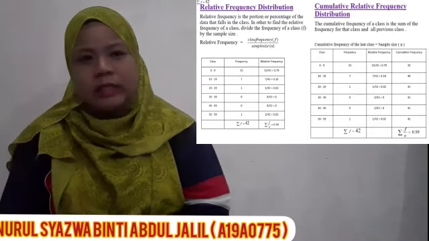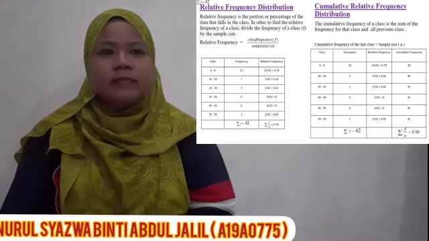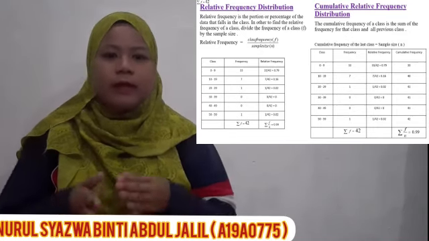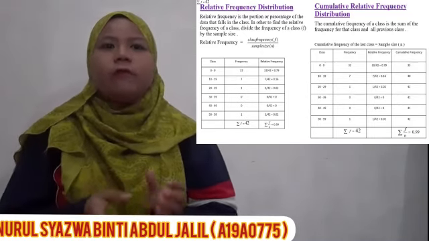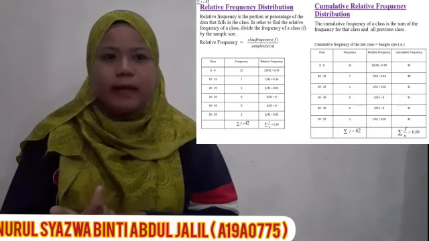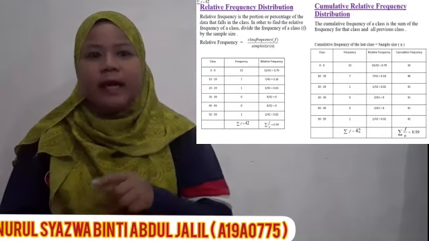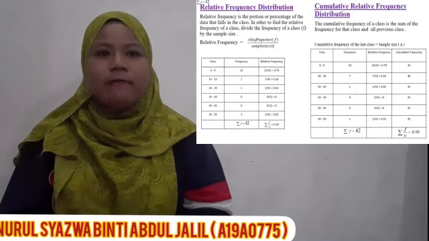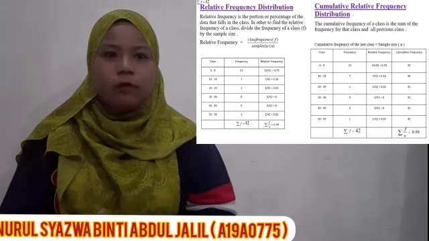Next, we move to cumulative relative frequency distribution. The cumulative frequency of a class is the sum of the frequency for the class and all previous classes. This is the table of cumulative relative frequency. For the class 0 until 9, frequency 33, relative frequency 0.79, cumulative frequency 33, and the second class is 10 until 90, frequency is 7, relative frequency 0.17 and cumulative frequency is 40.